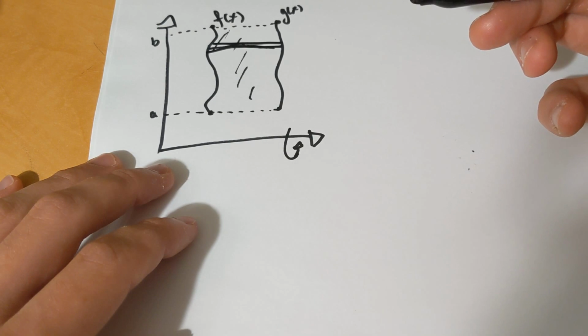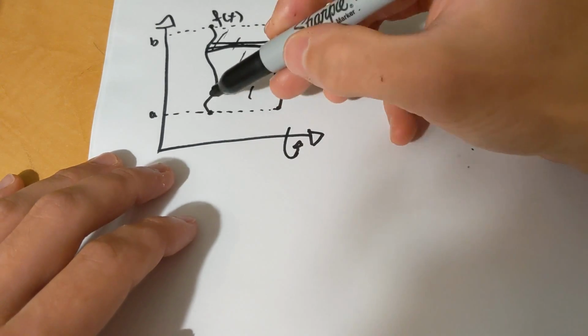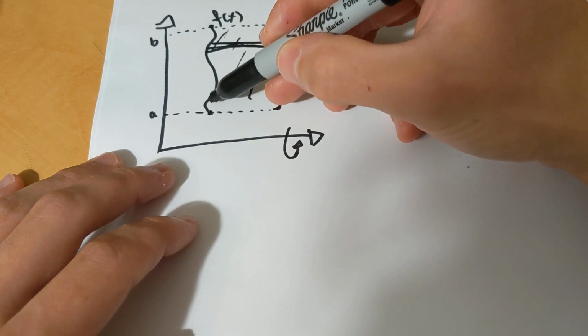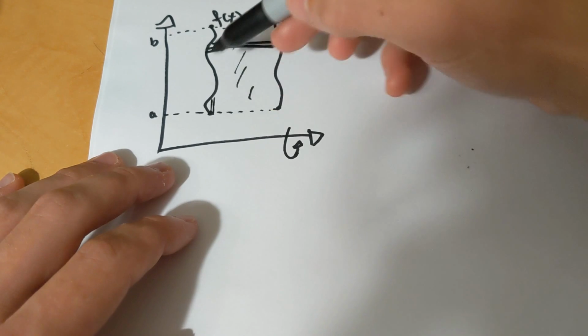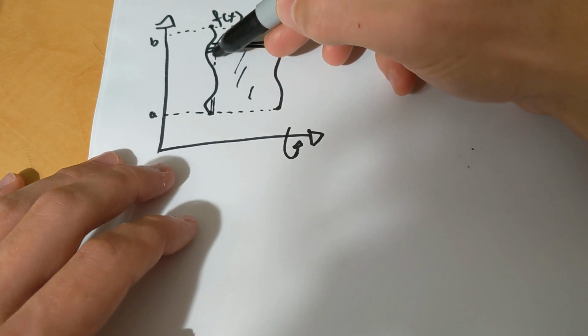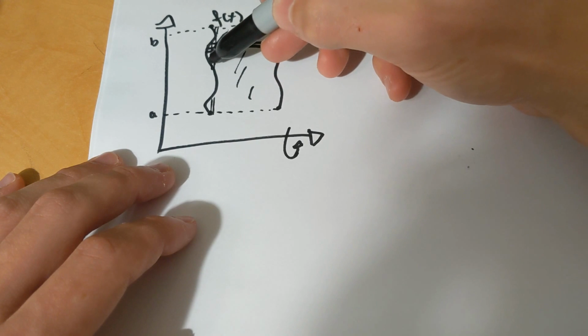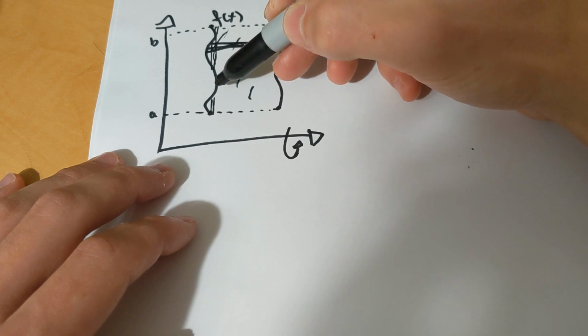If we were to use vertical rectangles at this point, let's say we're trying to make a vertical rectangle here, it's kind of weird looking because this vertical rectangle gets interrupted by the function f of x.